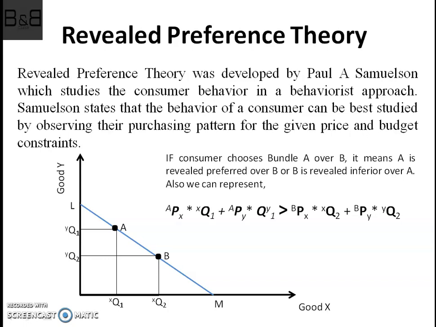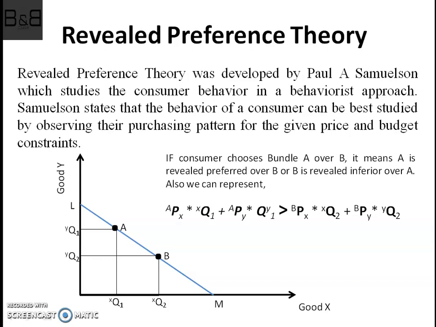As you can see on your screen, the figure and the diagram also explain the same concept, where a consumer has an option to choose or create a bundle with two goods X and Y at the given price and the given budget line LM.